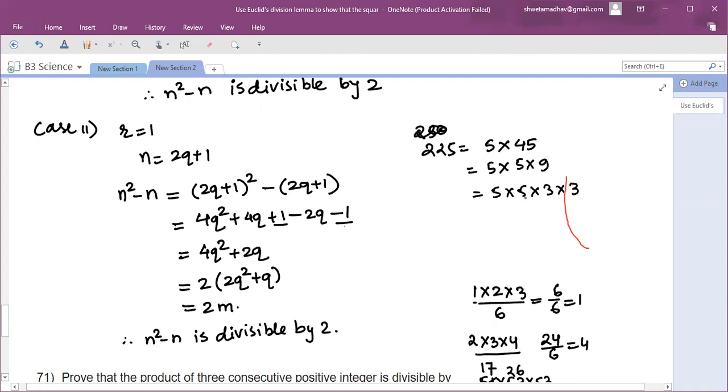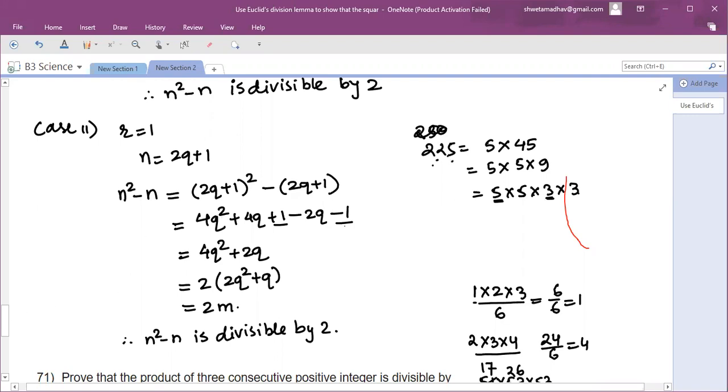These are the factor forms I have written for 225. From these factors, can you say if 225 is divisible by 5? Yes, ma'am, because 5 is a factor of 225. Again, 3 is also a factor of 225, so 225 is divisible by 3. These are the 4 factors of 225.